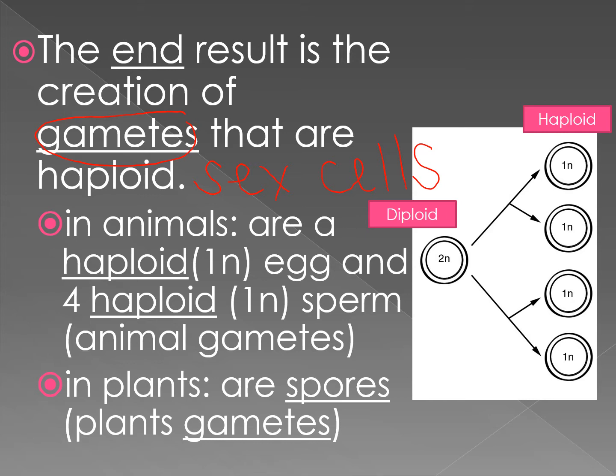In animals, we're going to get one egg. Guys will get 4 sperm, and each sperm is different. And it's called haploid. So we write that as 1N. Plants, their gametes are called spores, as well as pollen grains.